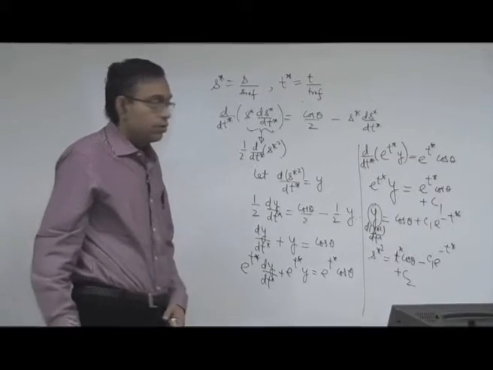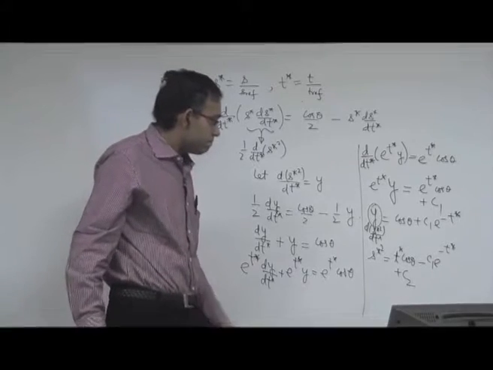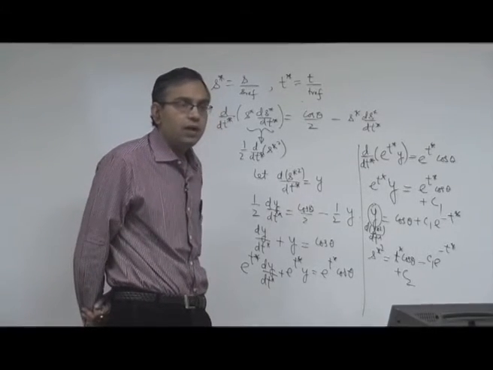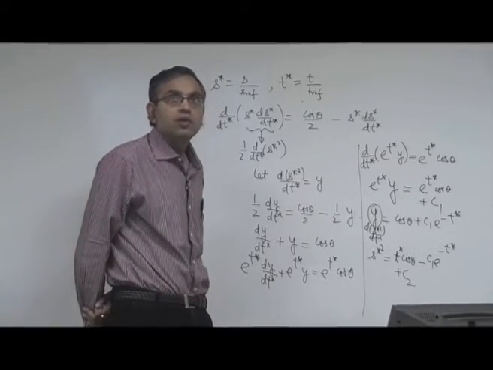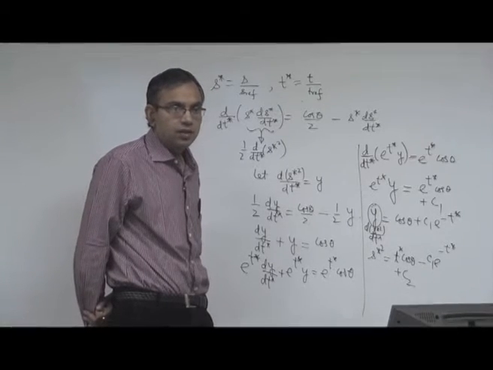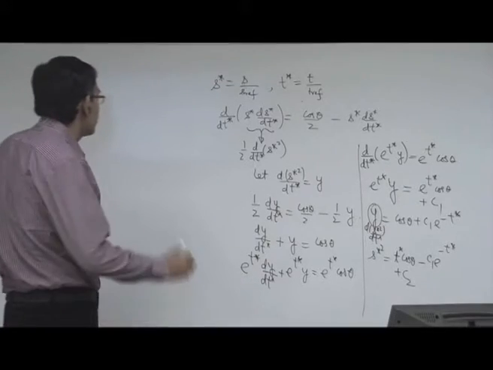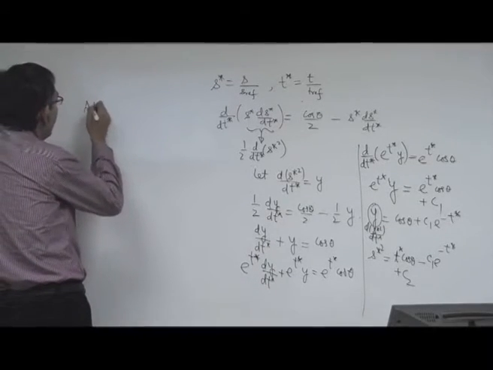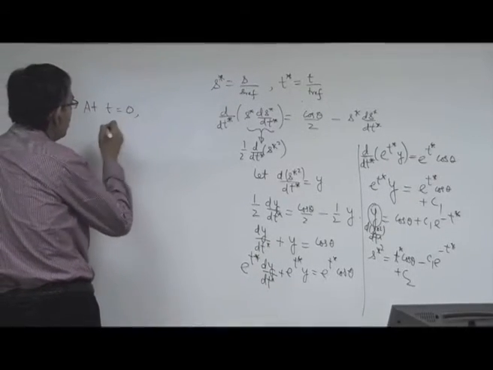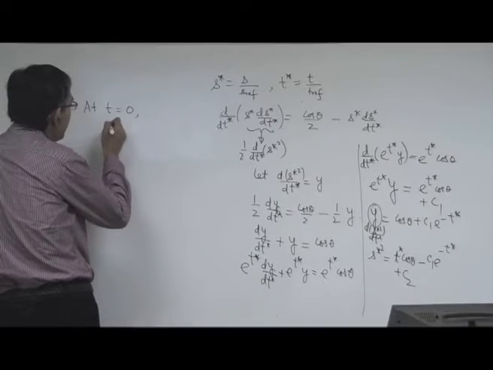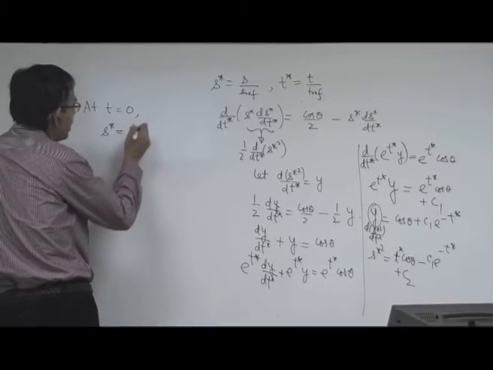Now, we require to evaluate C1 and C2. For that purpose we require two initial conditions. At t equal to 0, let us say S star is equal to S0 star.